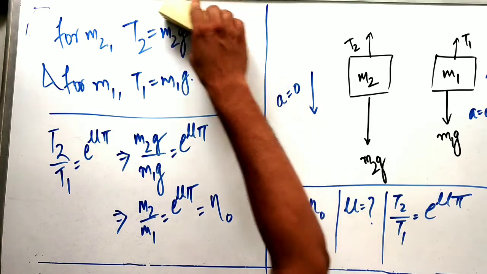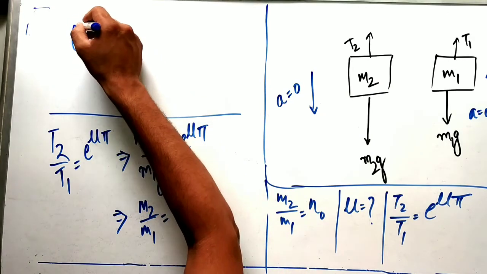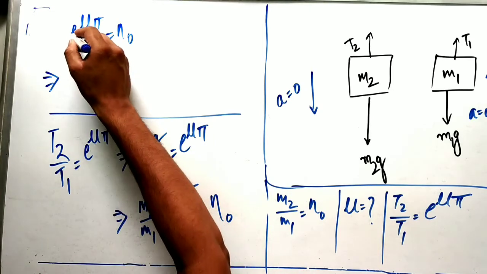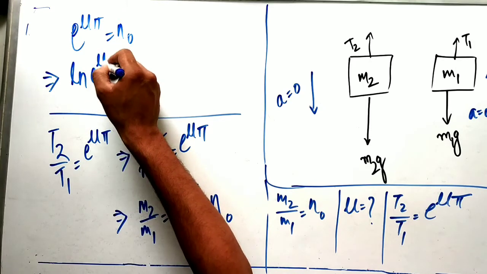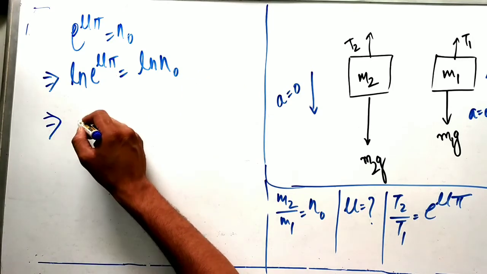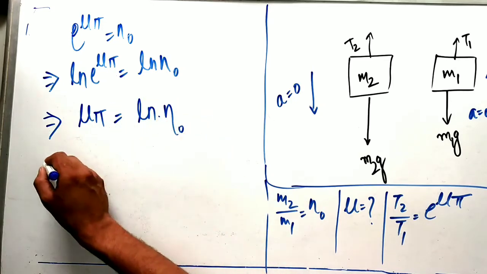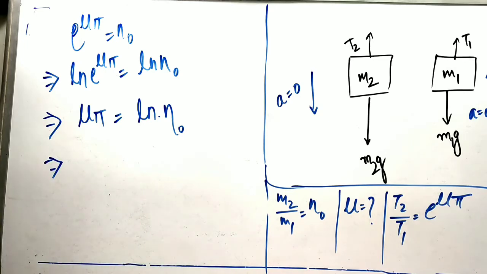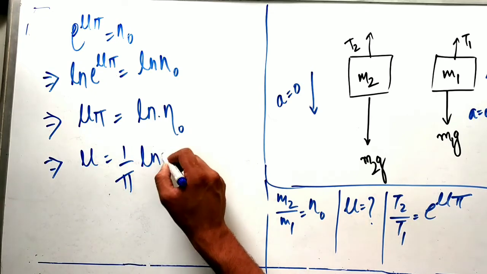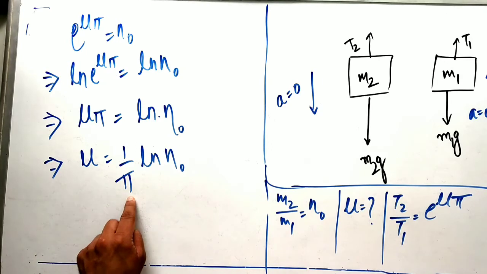Now, we take a natural log on both the sides and we arrive at mu is equal to 1 by pi ln eta naught.